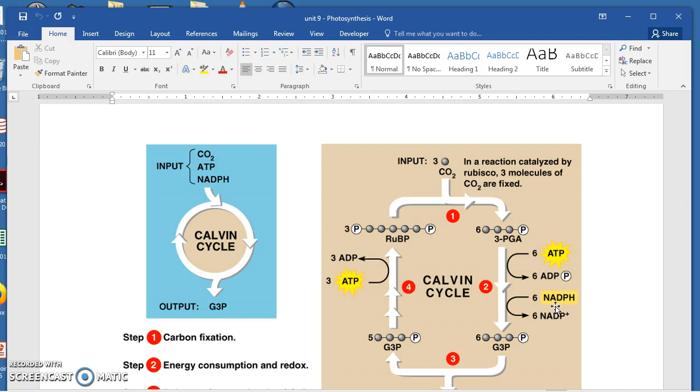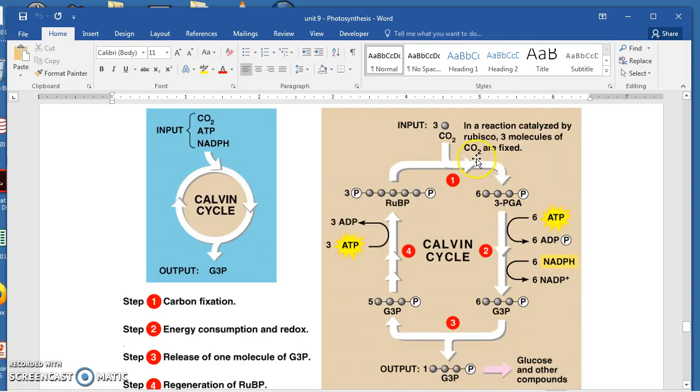The general overview is that carbon dioxide, ATP, and NADPH are put in, and with the ATP and NADPH being oxidized, energy is given off to help reform the carbon dioxide and form some kind of a carbohydrate, such as glucose. This is a carbon fixation event, going from inorganic carbon to an organic carbon. And that's what's happening here.